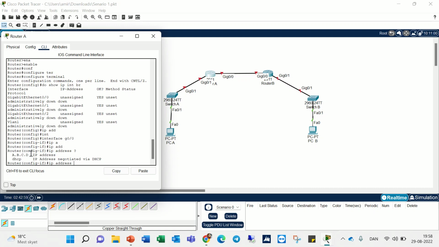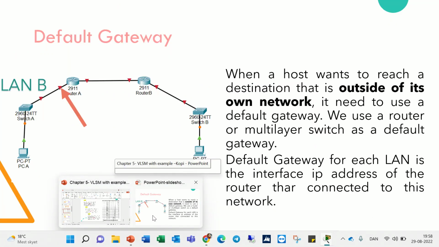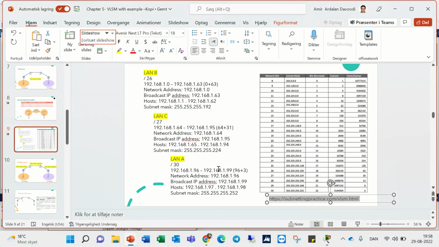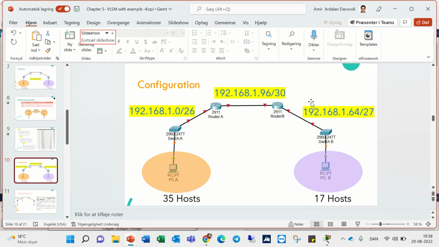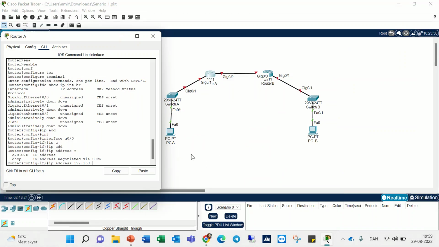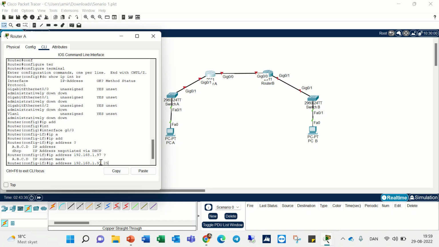It should be 192.168.1.97, and the subnet mask is 255.255.255.252.